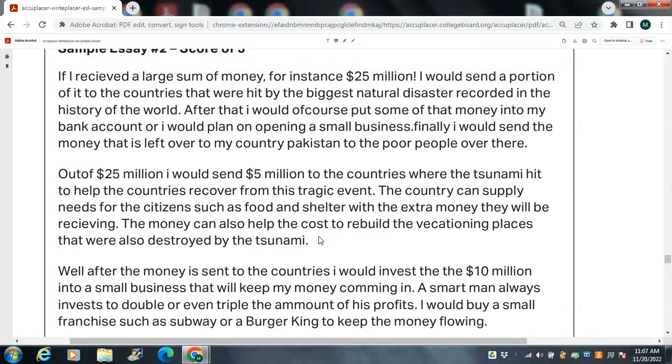So the sentence is set up really like a complex sentence with the dependent marker, or in this case, the subordinating conjunction being the word "where": where the tsunami hit to help the countries recover from this tragic event. Again, the student was a bit verbose. They added more words than they needed to, but it is clear as far as the idea they're trying to get across, which is important.